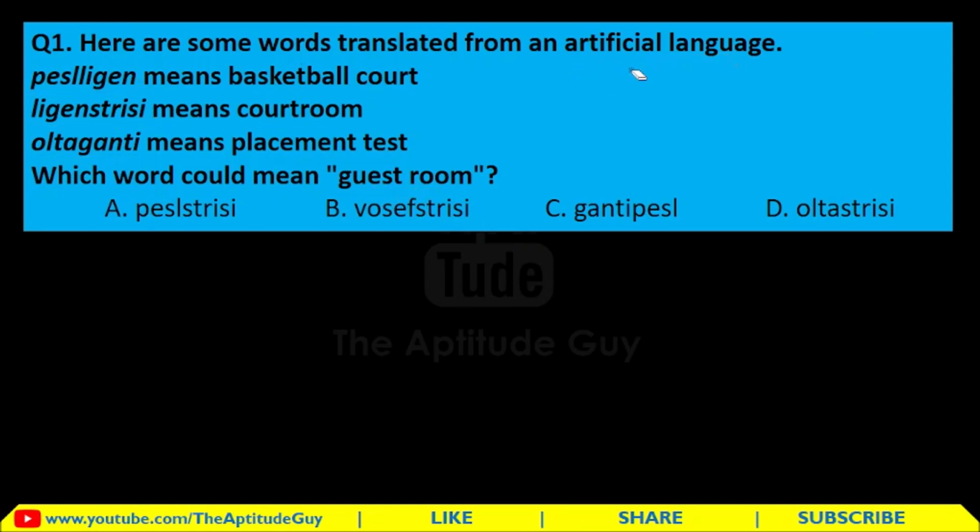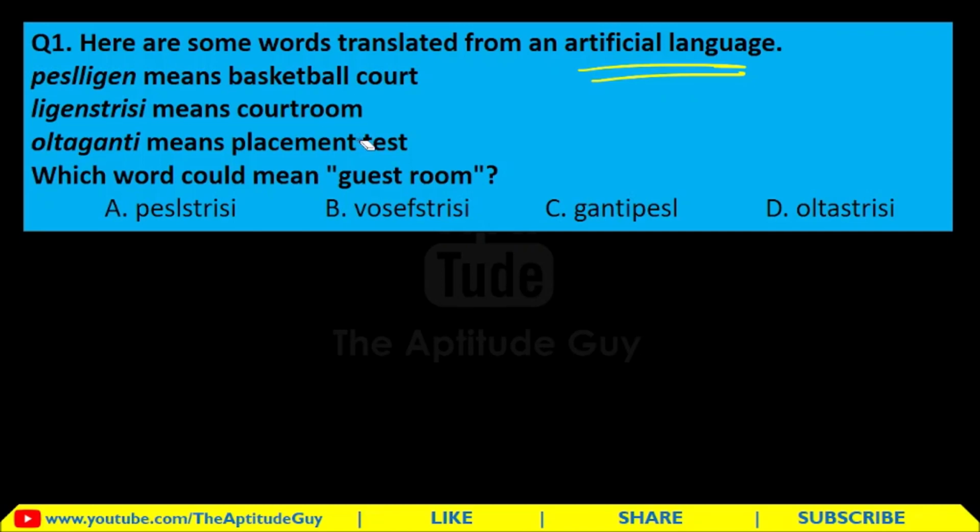Why is it called artificial language? Because we have absolutely no idea what these words mean. It's not even Greek or Latin. It makes no sense to us. So if it makes no sense to us, how do we figure out which part of the word means which part in English?